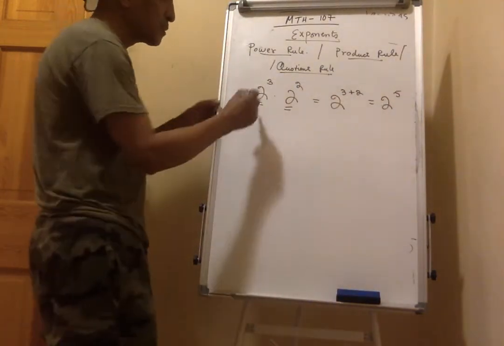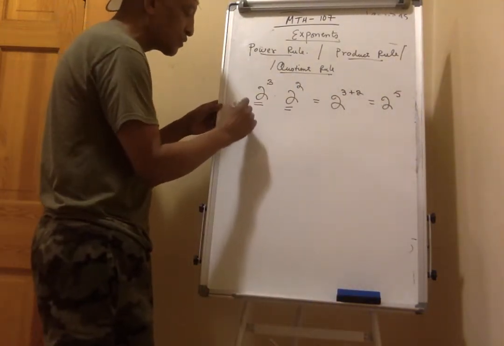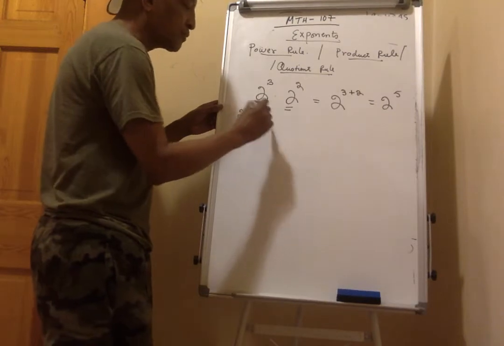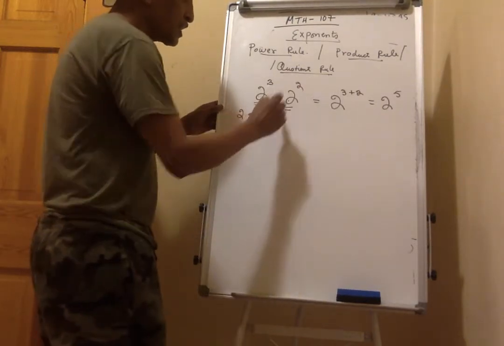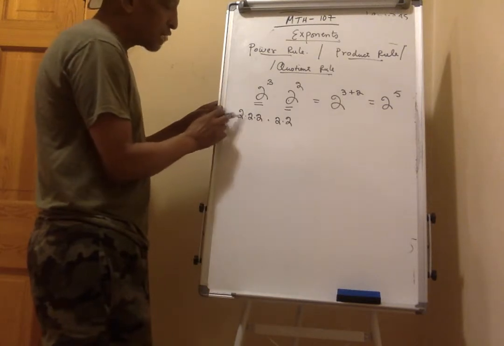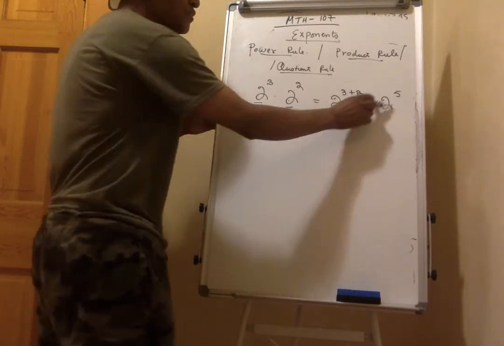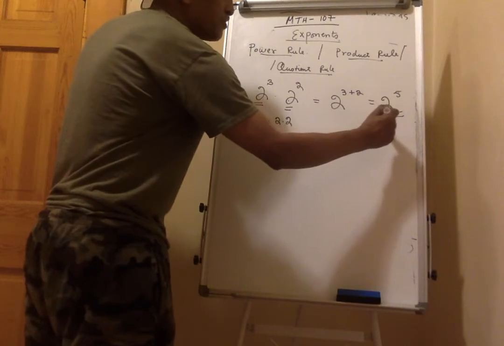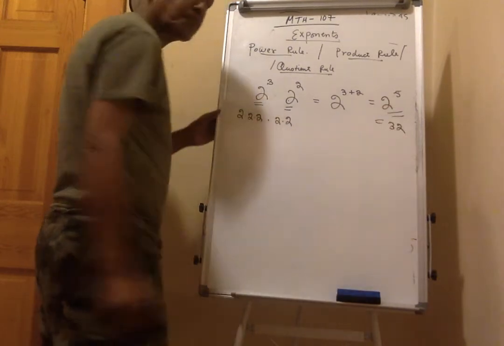And this makes sense because 2 to the power of 3 is what? 2 times 2 times 2. 2 to the second is what? 2 times 2. And how many 2's do I have? 1, 2, 3, 4, 5. So 2 to the power of 5, which in essence is 32.